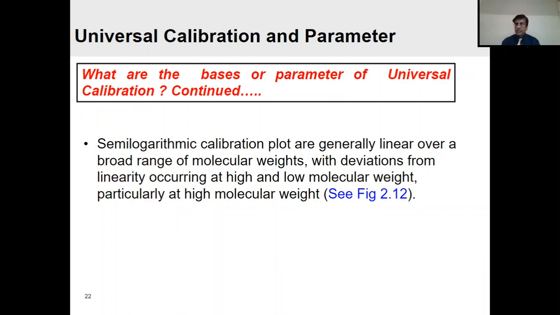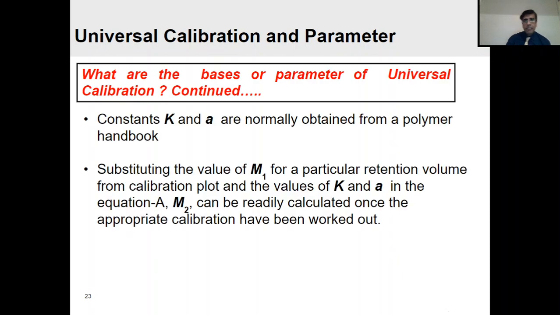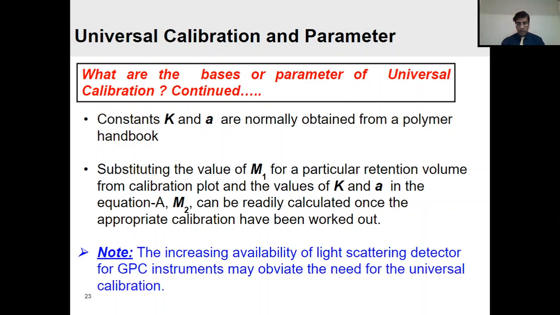This is called the deviation from linearity at the higher molecular weight and the lower molecular weight, and you should be able to explain why both occur. The constants K and A, as I told you, are normally obtained from a polymer handbook, and then you can substitute all these values. I already explained M1, K and A, and then you can find the M2 value.